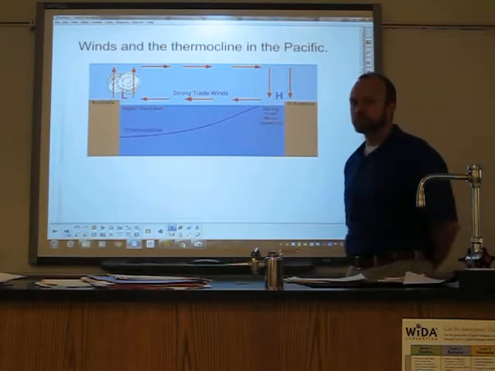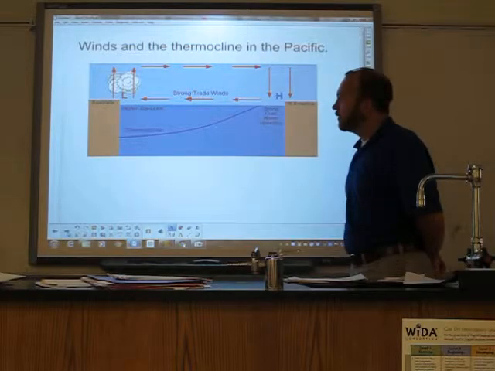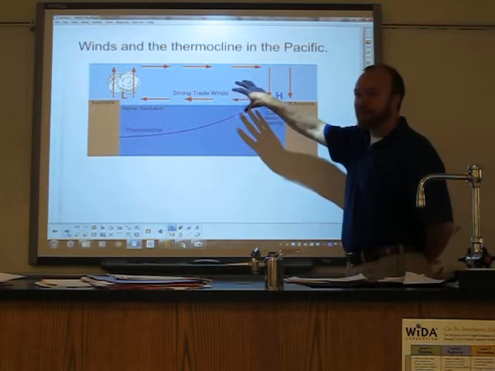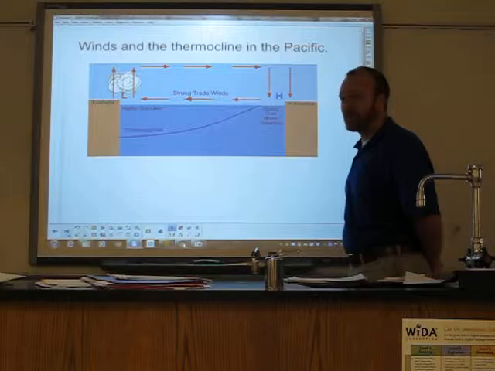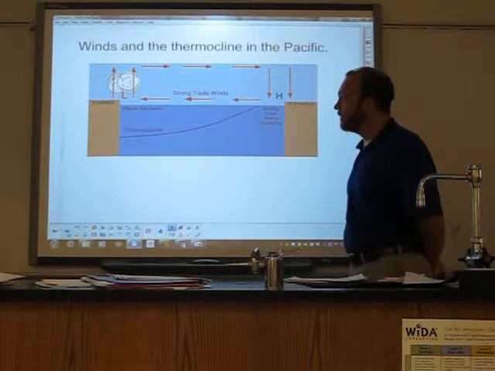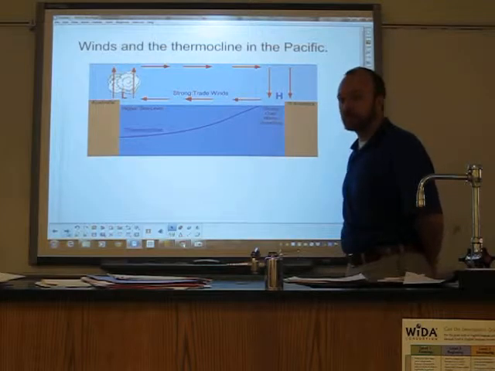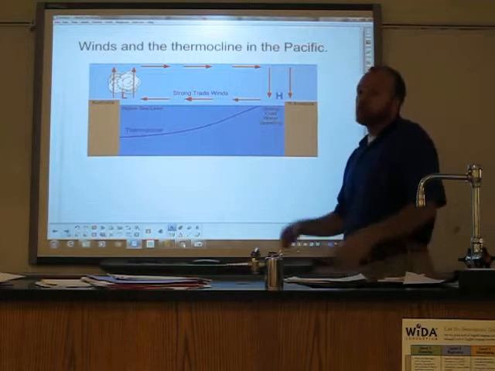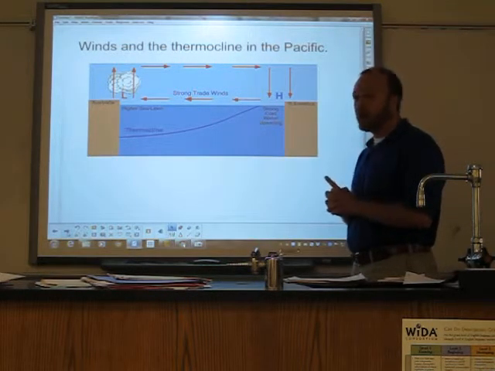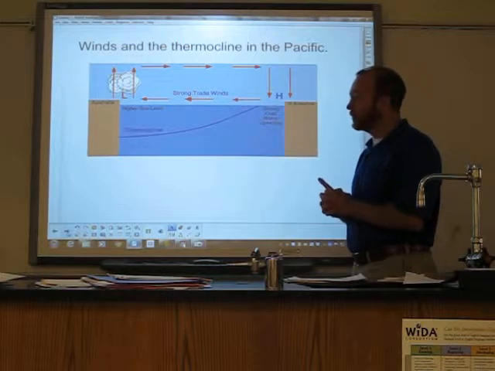Now, every 4 or 5 years, there's a cycle and these trade winds die down. Sometimes they even reverse. We don't have a good explanation for why that is. I could put out some theories, but long story short, we don't know. However, that causes a distinct change in the Pacific.